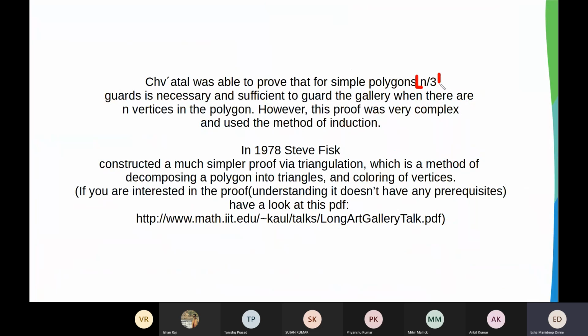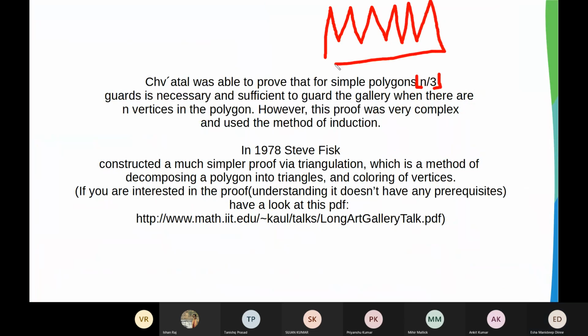Sufficient means you can take any polygon, and if you hire n by 3 guards, you should be good. You don't need to hire any more. And there are some polygons such that you will need n by 3 guards. If you want an example, it should be something like this comb type of polygon. I won't be going into this.